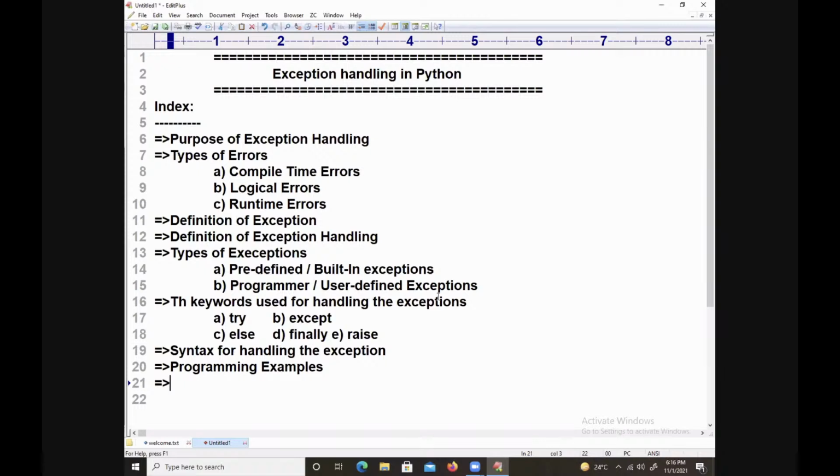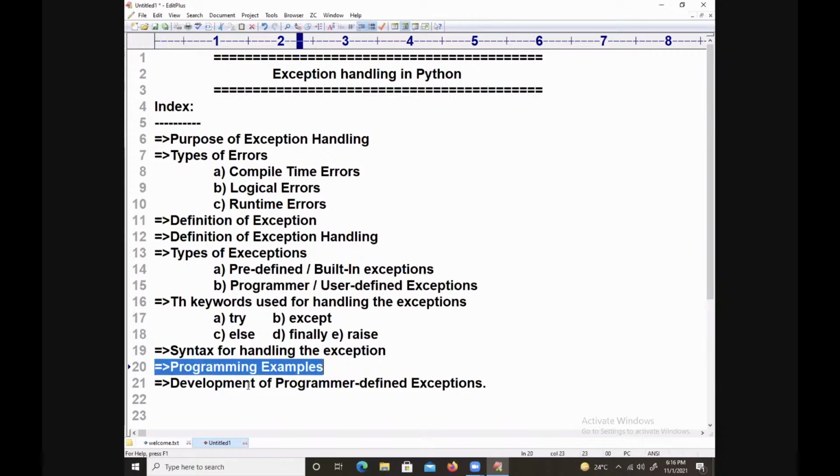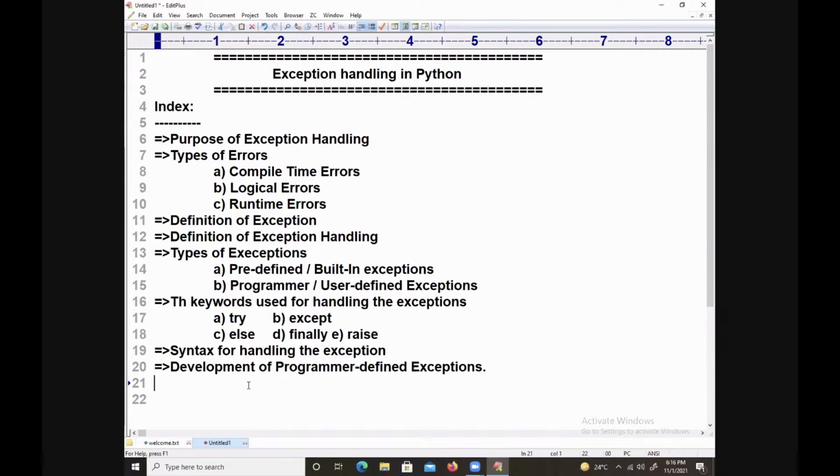Next, we are talking about development of programmer defined exceptions. There we are talking about steps for development of programmer defined exceptions. And immediately, programming examples will be written in the next part. And we are talking about one case study also.